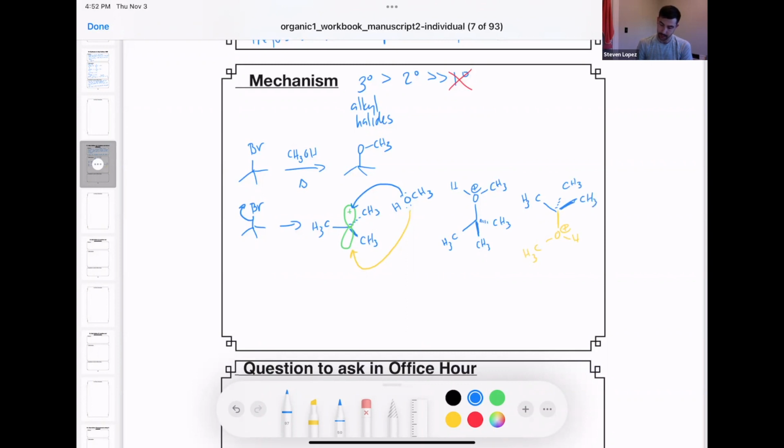In the last step for both of these reactions, the bromide anion will come in and deprotonate this acidic protonated alcohol.